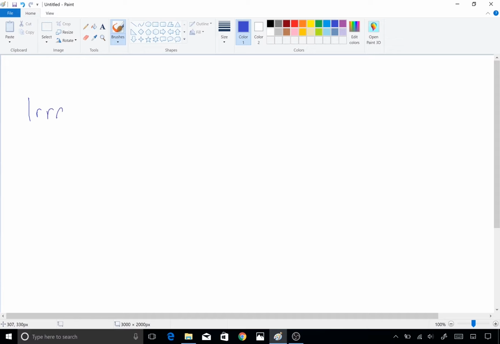Irrational numbers are numbers that can't be written as m divided by n, where m and n are integers. These are numbers like pi, which is a circle's circumference divided by its diameter. E, which is used in exponential growth, is 2.718 something.